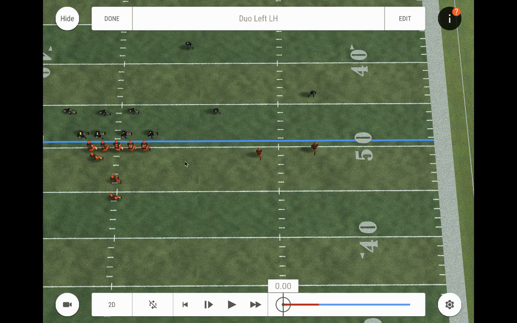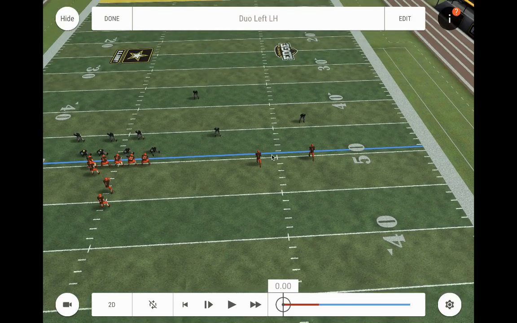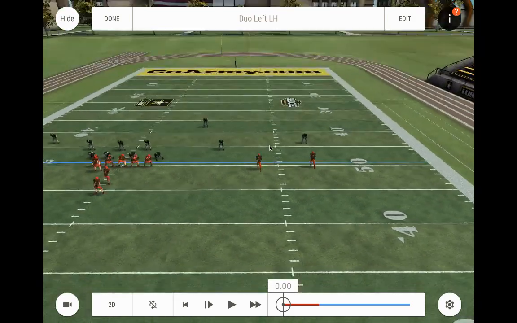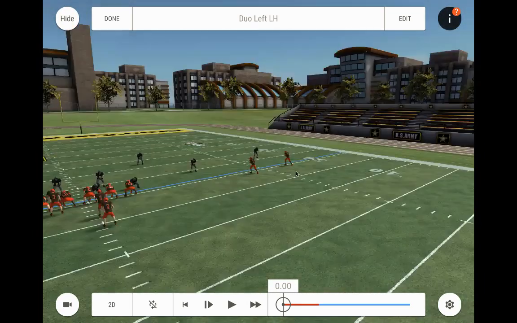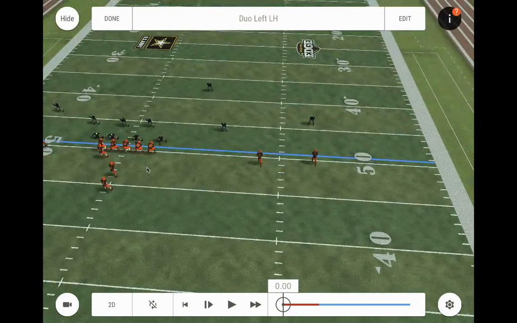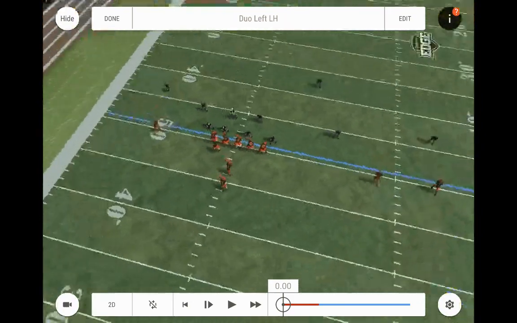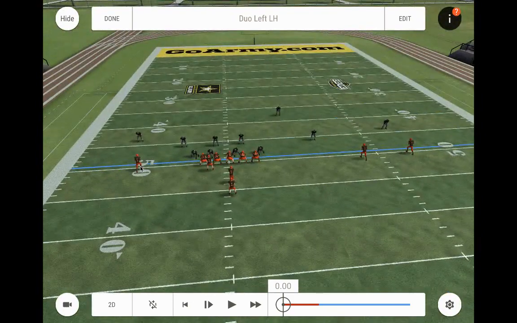If I'm the Z and the Y, I'm going to go to the big side. Z, I'm going to go 2 yards inside the hash and get set up. Y, I'm going to be 4 yards outside the hash and get set up. The reason that we do that is that's a way for us to play fast. If we know where we need to be, we can just go get lined up and get ready to go.